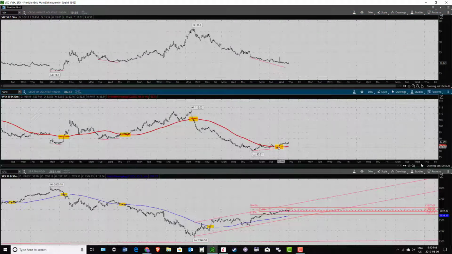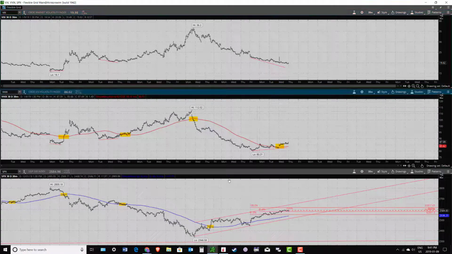So check mark in that box, VVIX VIX divergence. Now we also got above the 55 period moving average on VVIX. So the red moving average here on VVIX, we've clearly gotten above it. We did a couple little nicks of it here, but now we have a true clear break above it. Now the next step for a confirmed signal is SPX to get below its blue moving average, the 65 period.